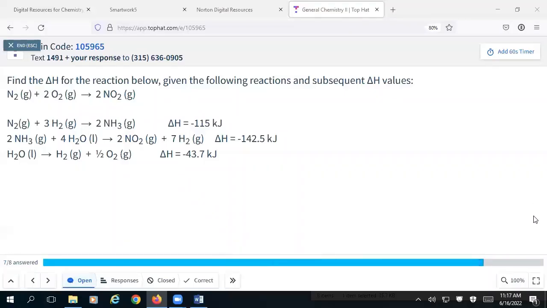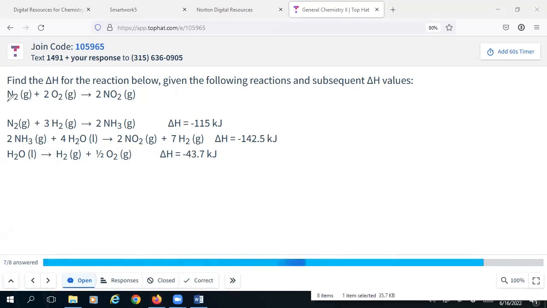All right, let's see how we did. So for me, what I would be looking at first is I need a nitrogen, and I can see that the first equation has the nitrogen I need with the coefficient that I need. So this one we're going to leave exactly as is. I also need oxygen.